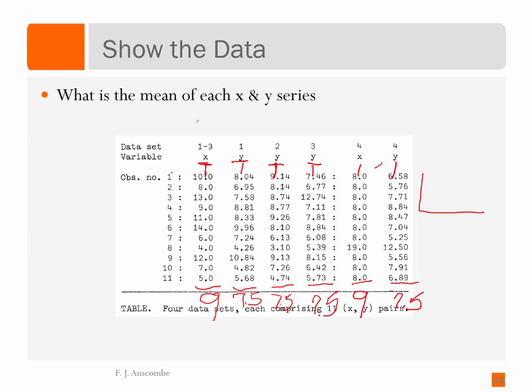So looking at the combination of the two for series 1, we have a mean of 9 on the x, 7.5 on the y. For 2, it's 9, 7.5. 3 and 4 are exactly the same. Okay? Now, here's the question. Are they the same?